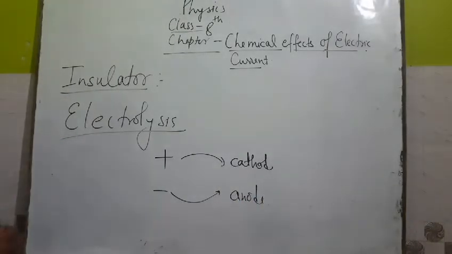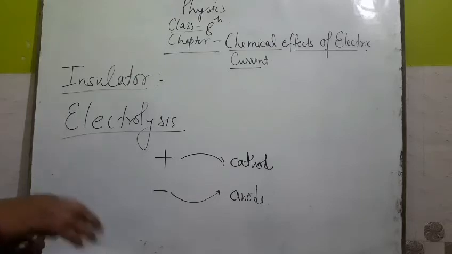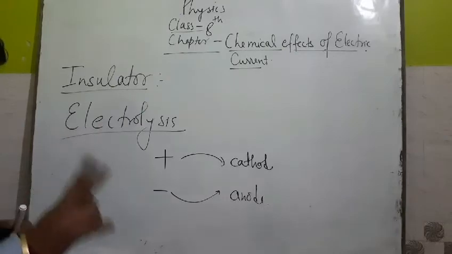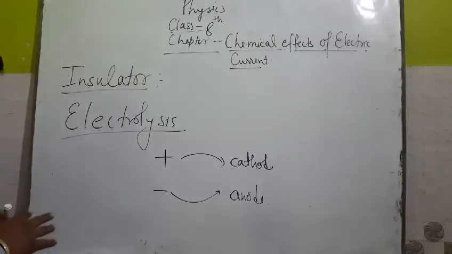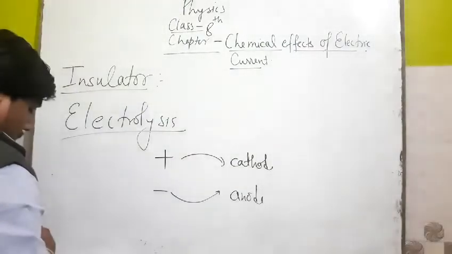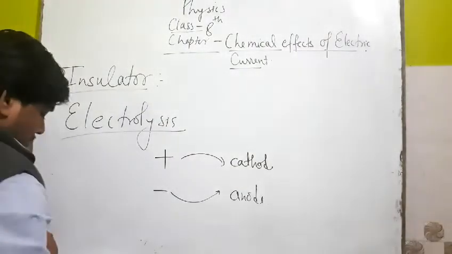Electrolysis of molten sodium chloride gives sodium metal at the cathode and chlorine gas at the anode. अगर NaCl का आप इलेक्ट्रोलिसिस करेंगे with the help of electric current, then there are two rods, at the cathode and anode. So what happened at the cathode?